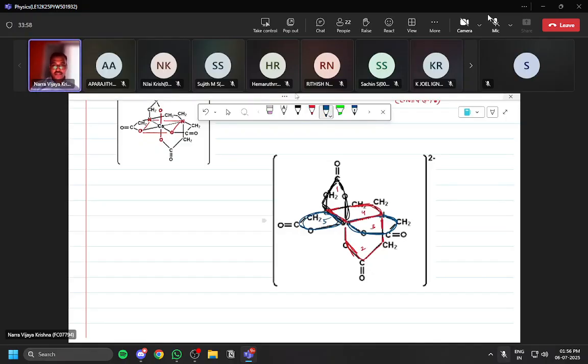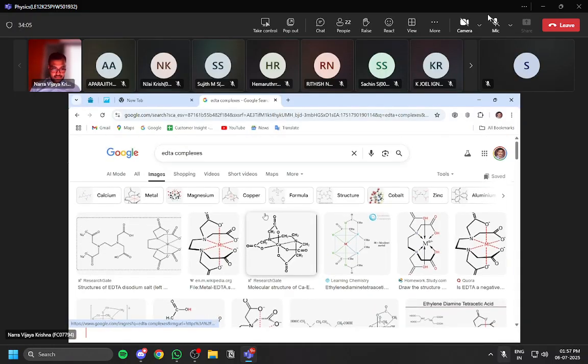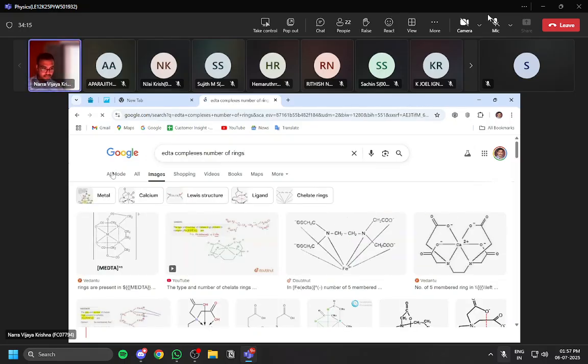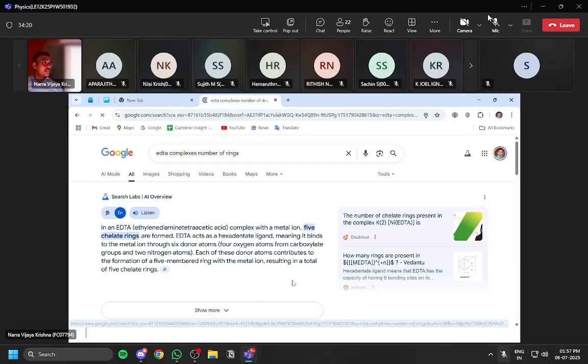Correct? Now say this. Number of rings. What are they saying? In an EDTA complex with a metal ion, 5 chelate rings are formed. EDTA acts as a hexadentate ligand. Clear?